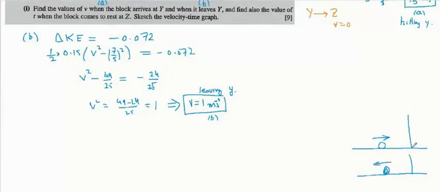So we take one object, and the second object, the wall. So the initial momentum of both will be equal to the final momentum of both. Since the speed of the wall will be 0 in both cases, we will have only one object. So by that method we can also do this.